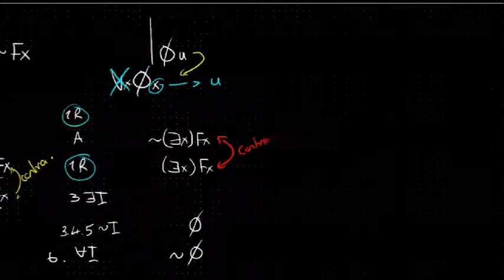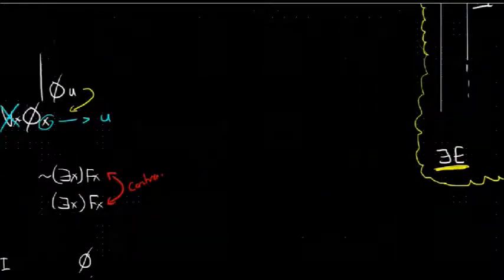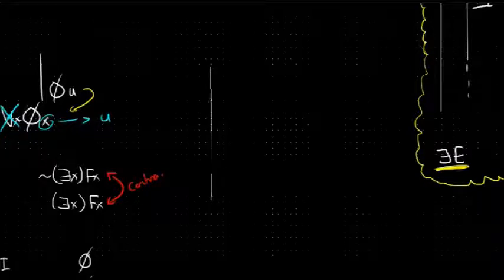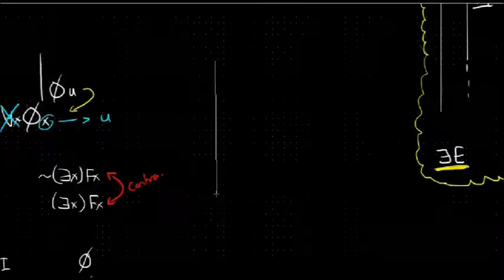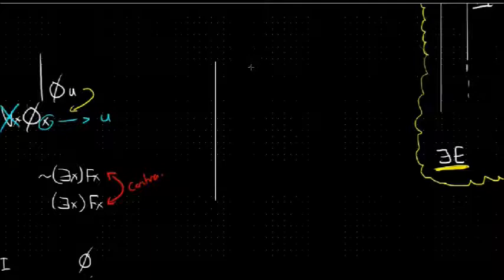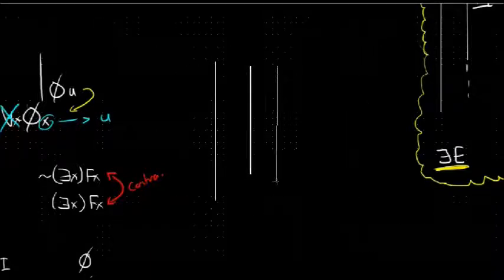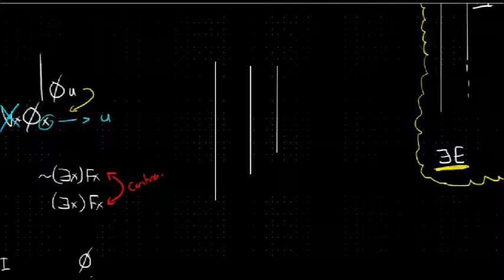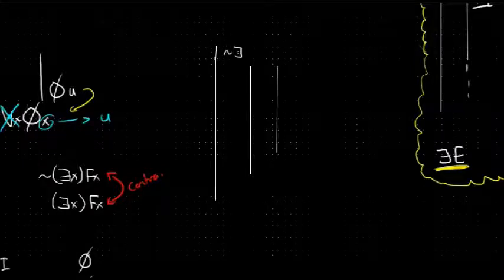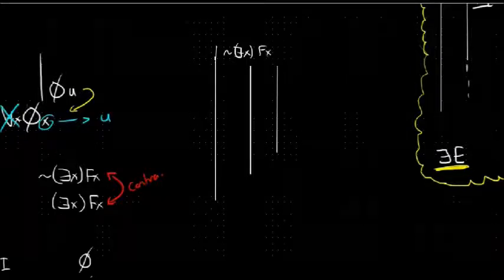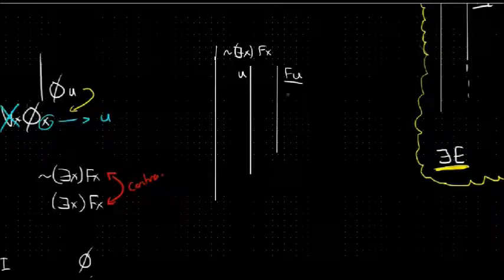So we could have begun our proof. Let's just quickly draw it in. Could have started our parameter bar off with an assumption. So, we knew that nothing had property f. So we could have just started off with the assumption that something had property f, and then gone, okay, that leads to ex fx.